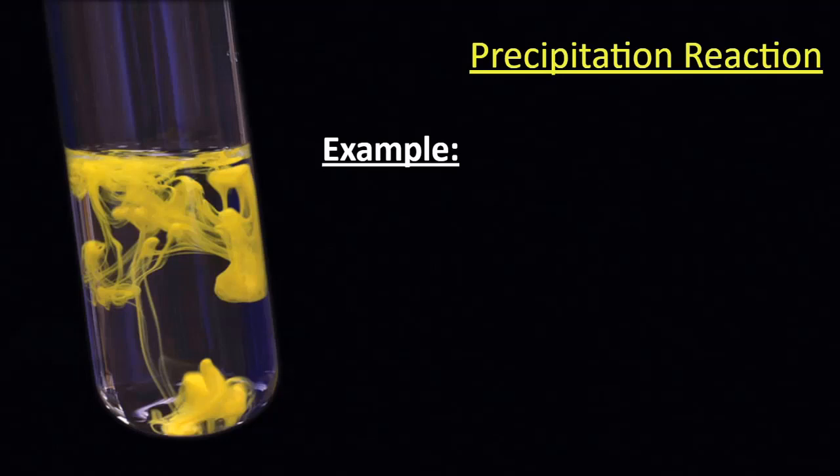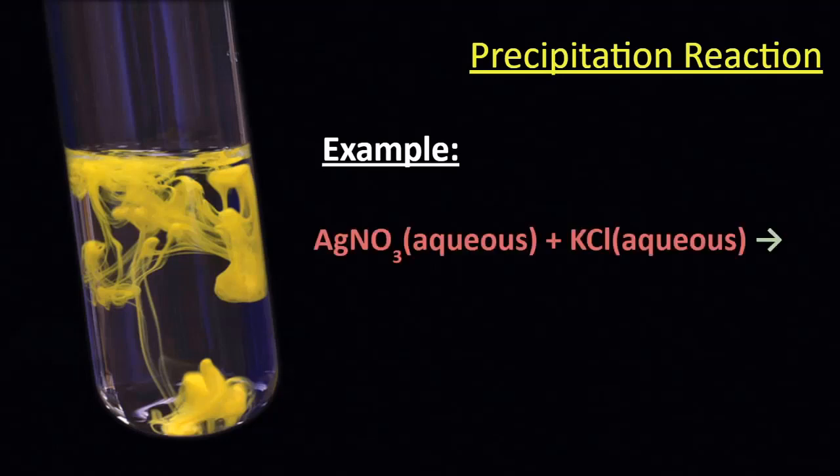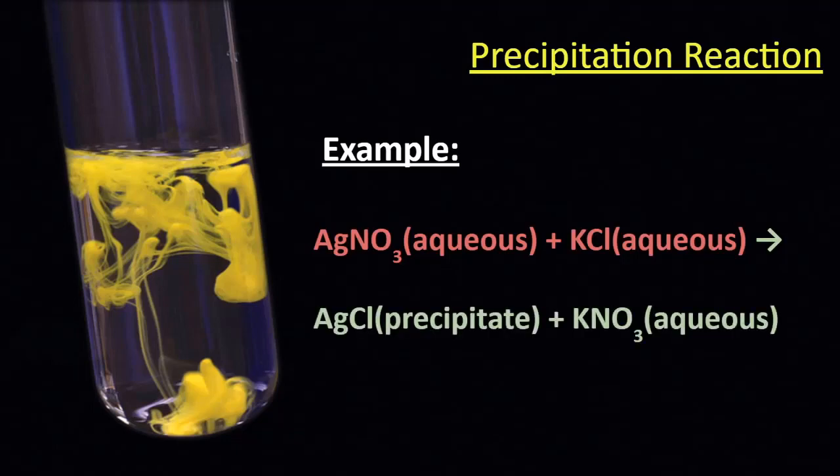This is the insoluble salt formed as a product of the precipitation reaction, and the chemical equation for this precipitation reaction is AgNO3 (aq) + KCl (aq) gives AgCl, which is in the form of a precipitate, plus KNO3. In this reaction, a white precipitate called silver chloride, or AgCl, is formed, which is in the solid state. And this solid silver chloride is insoluble in water.